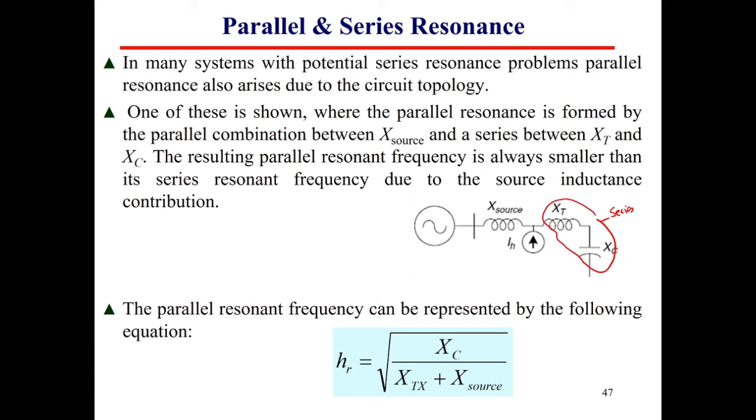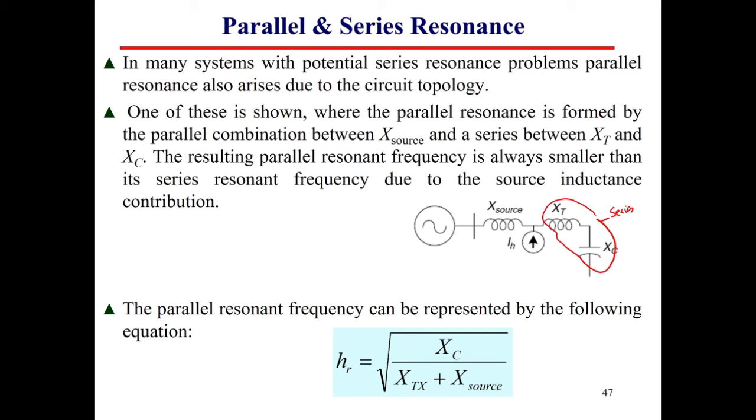In many systems with potential series resonance problems, parallel resonance also arises due to the circuit topology, such as this one. One of these is shown below, where the parallel resonance is formed by the parallel combination of X source and the series combination of the transformer and the capacitor bank.